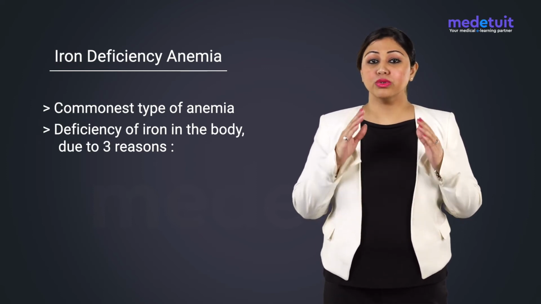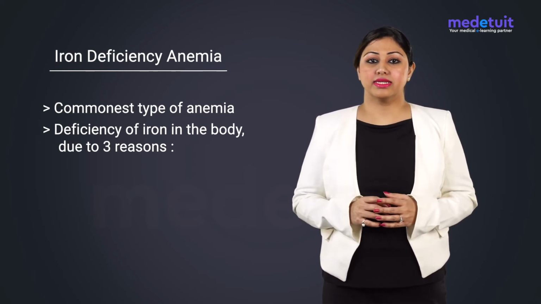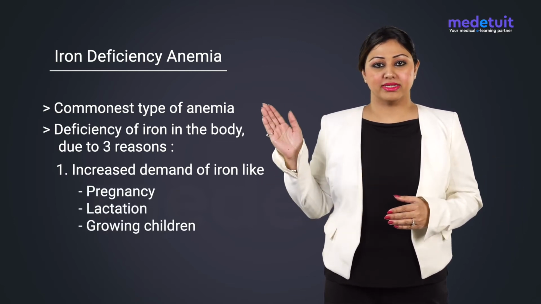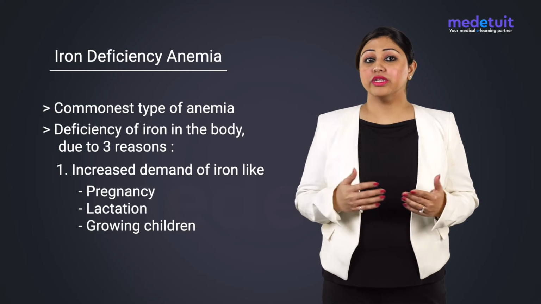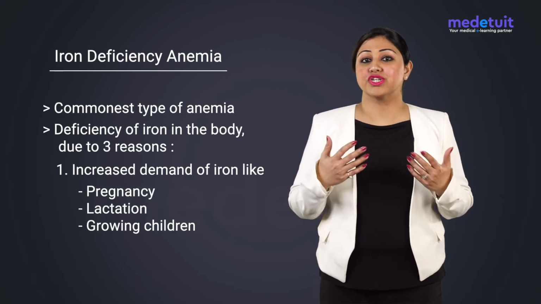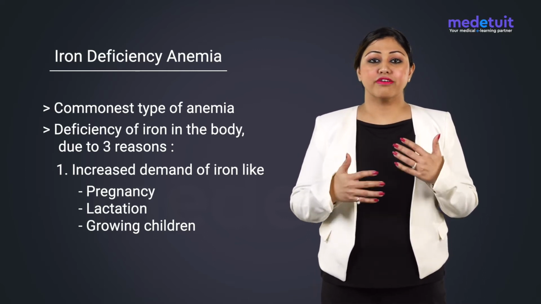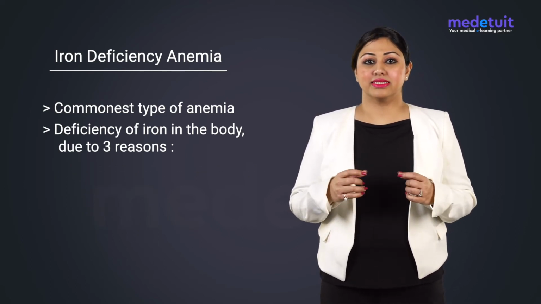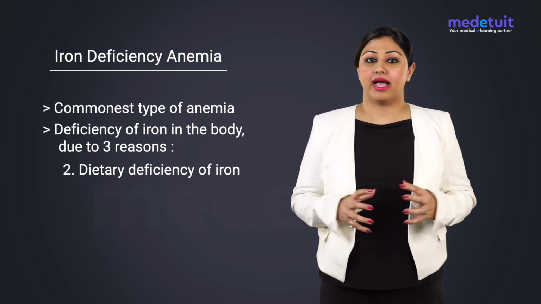And it can be due to three reasons. The first reason is the increased demand of iron in conditions like pregnancy, lactation and growing children. There can be insufficient iron in the diet due to the extra physiological demand during these times. So the second reason is the dietary deficiency of iron.